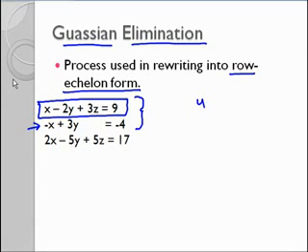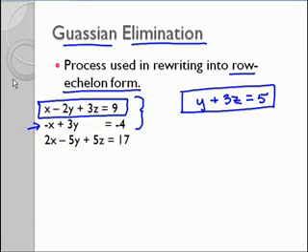We get a positive 1y plus 3z is equal to 5. Now there's my second one already, because I have one equation in 2 variables, and the coefficient of the y is 1.